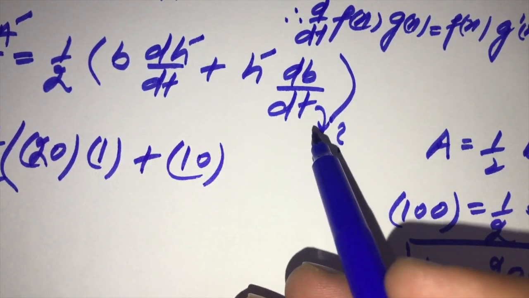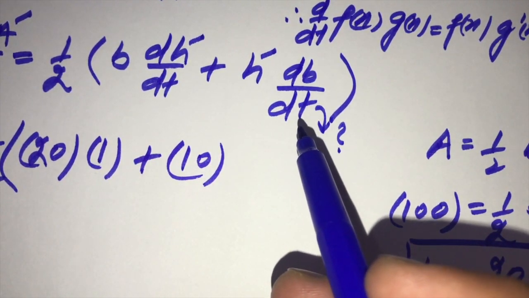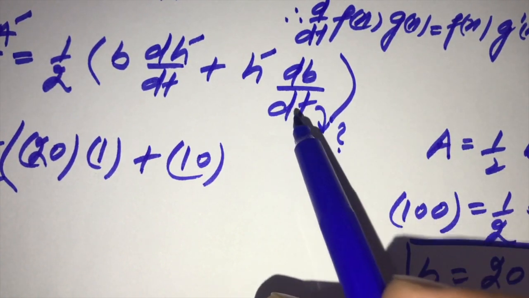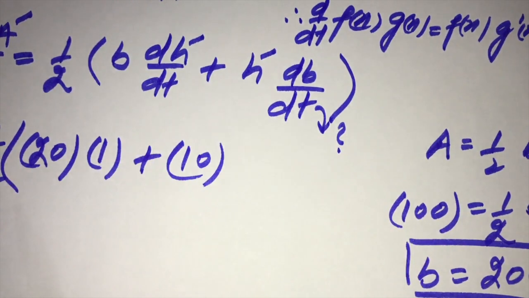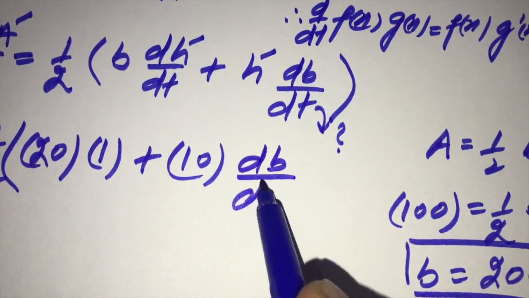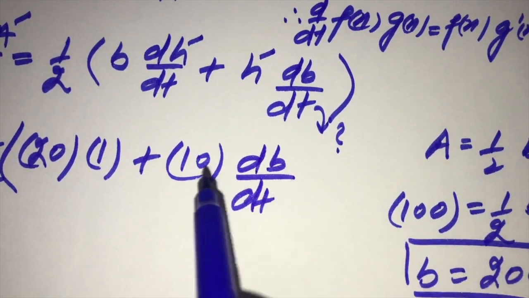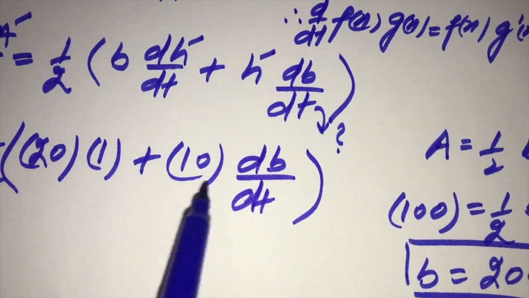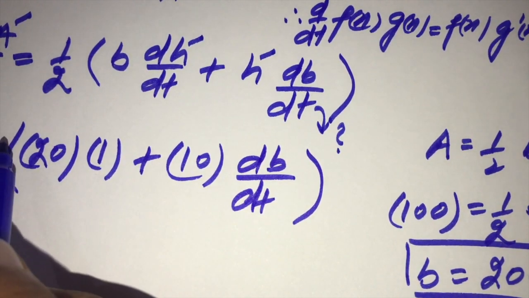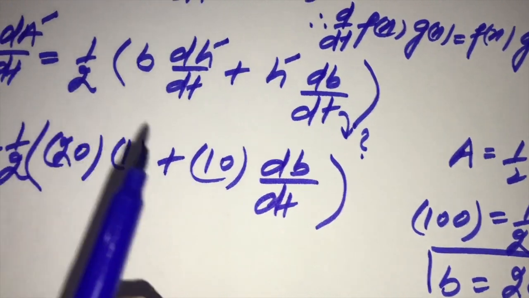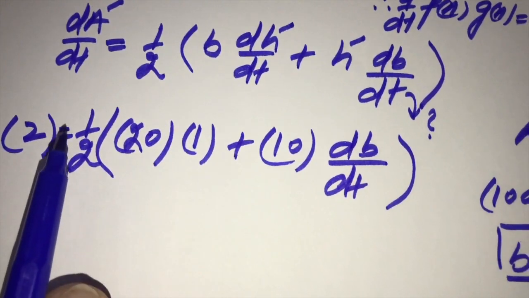Now we find the value of dB by dt. In order to find it, multiply by 2 on both sides, this is easy for us.